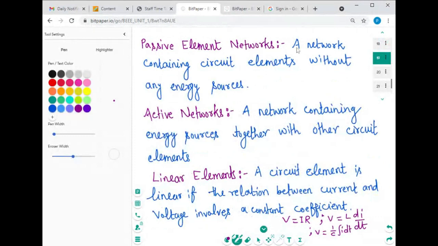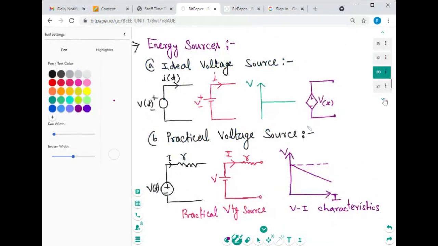After that, what is a passive element? A network containing circuit elements without any energy source is a passive element, whereas in an active element we have some energy sources, and a linear element, where a constant factor is involved, is called a linear element.